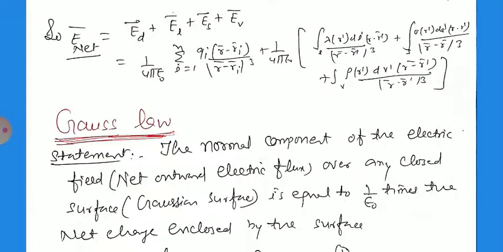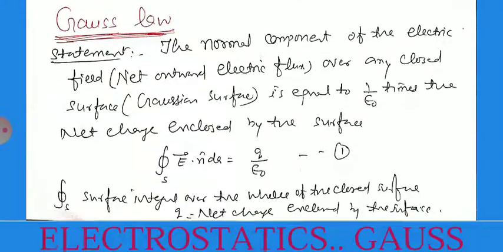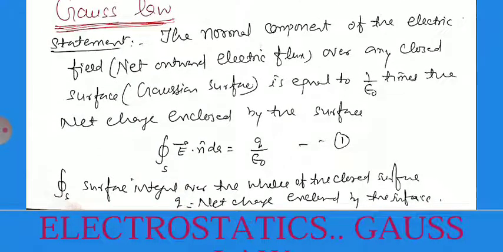The normal component of the electric field or the net outward electric flux over any closed surface, that is called the Gaussian surface, is equal to 1 by epsilon naught times of the net charge enclosed by the surface. Means the outward net electric flux is equal to the total charge divided by the epsilon naught, that is the permittivity of the medium.